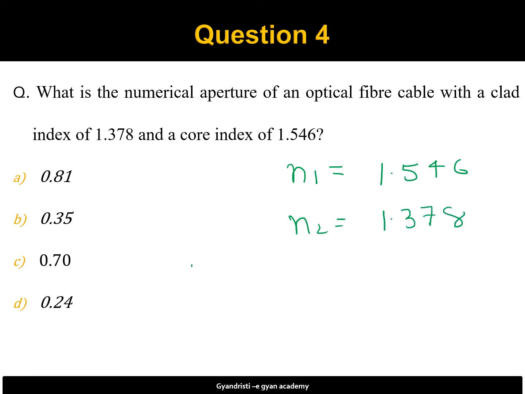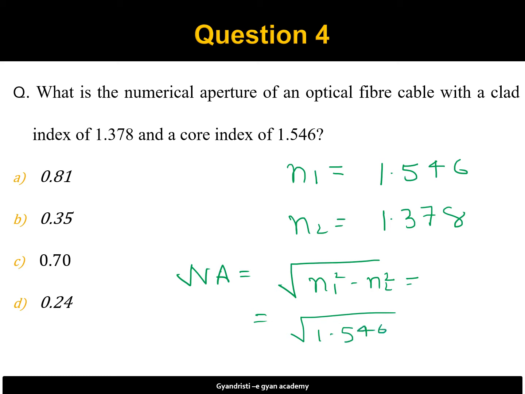So numerical aperture again, which is defined as n1 का square minus n2 का square का square root, and if you substitute the values you will get 1.546 का whole square minus 1.378 का whole square. If you will simplify, you will get 0.70. So the correct option is option number C.